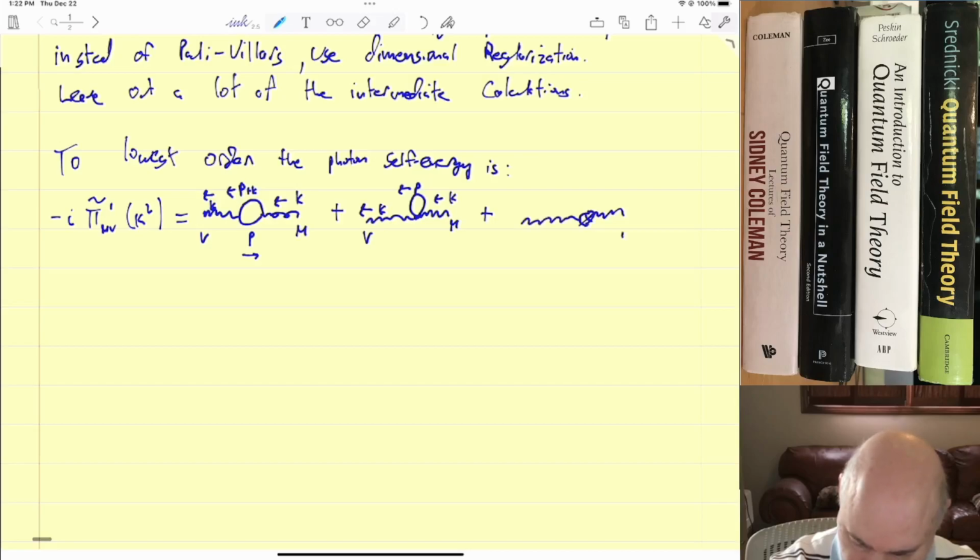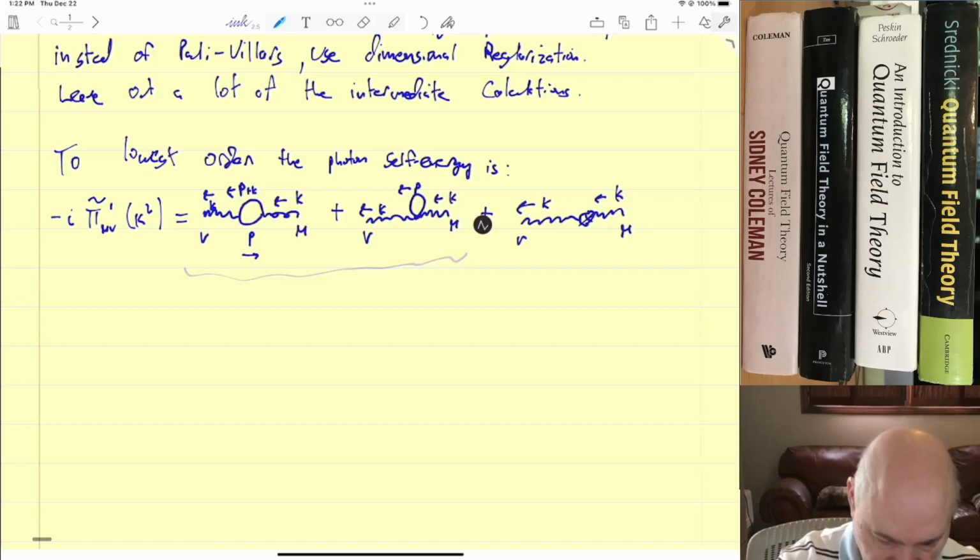As before, we'll call this part the unrenormalized propagator, k squared, and this thing over here is our counter term.